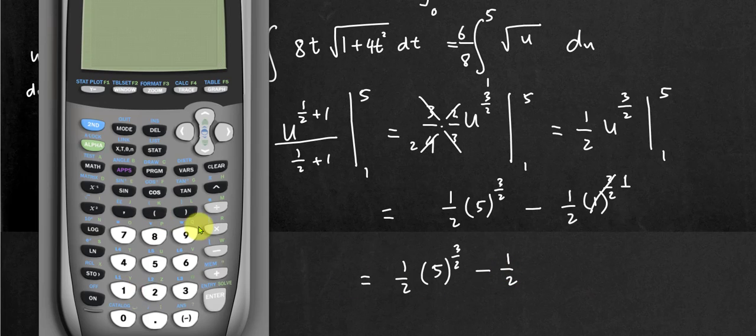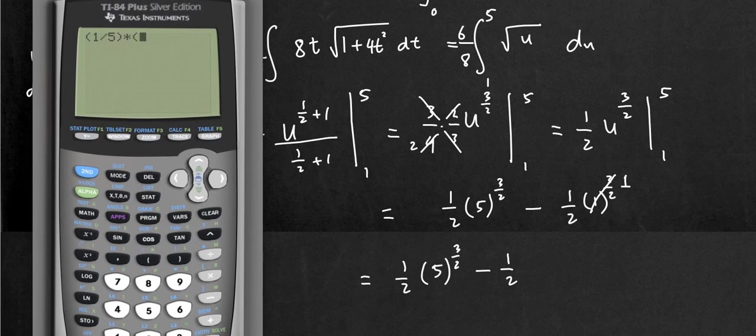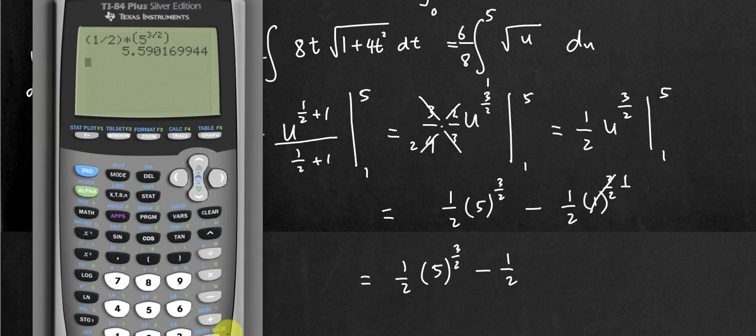So I have 1/2, and then multiply by 5 to the power of 3/2. 1/2, not 1/5. And then minus 1/2, which is 0.5. And the answer should be 5.09.